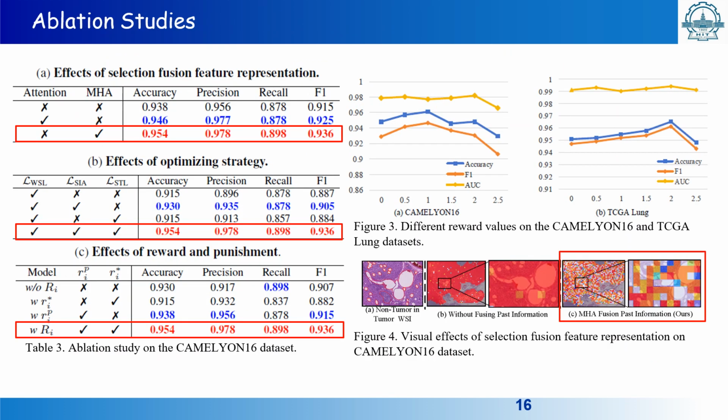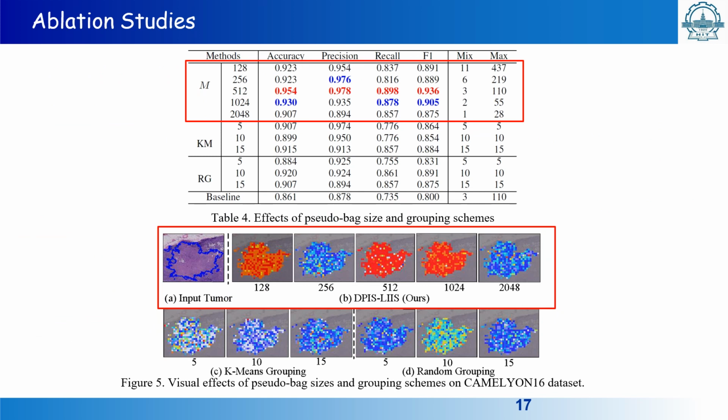Since the proposed PAML involves multiple enhancement strategies, we carry out ablation studies to validate the contributions of individual components to the final label prediction performance. The results show that PAML containing all modules significantly outperforms its incomplete versions. Figure 5 and Table 4 show the effect of different subbag sizes and grouping strategies on prediction performance, demonstrating that our dynamic sampling scheme significantly outperforms fixed grouping strategies.